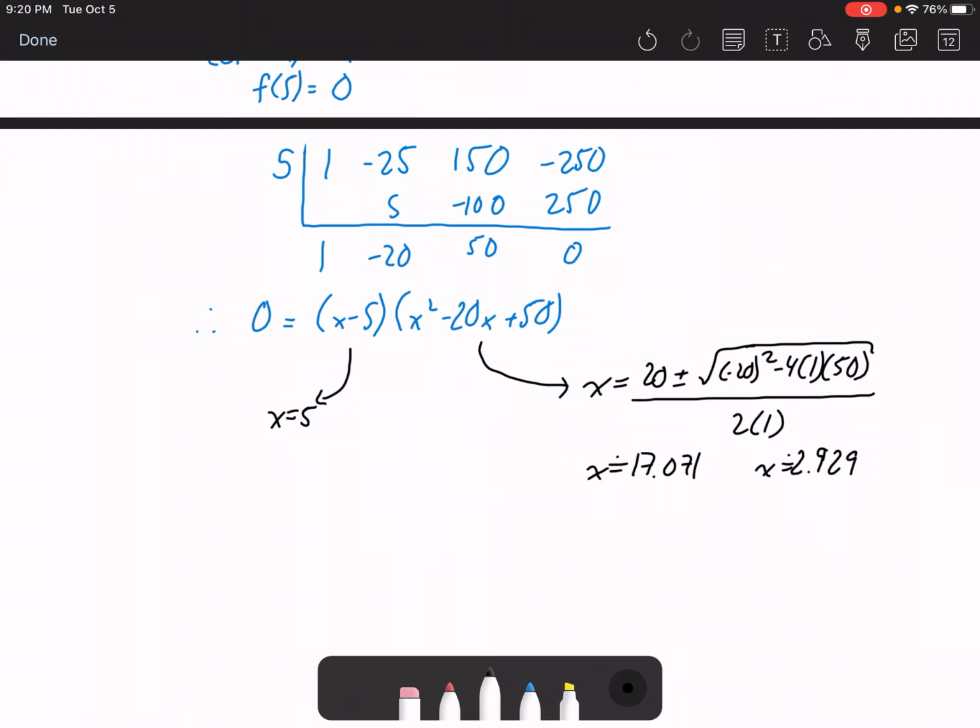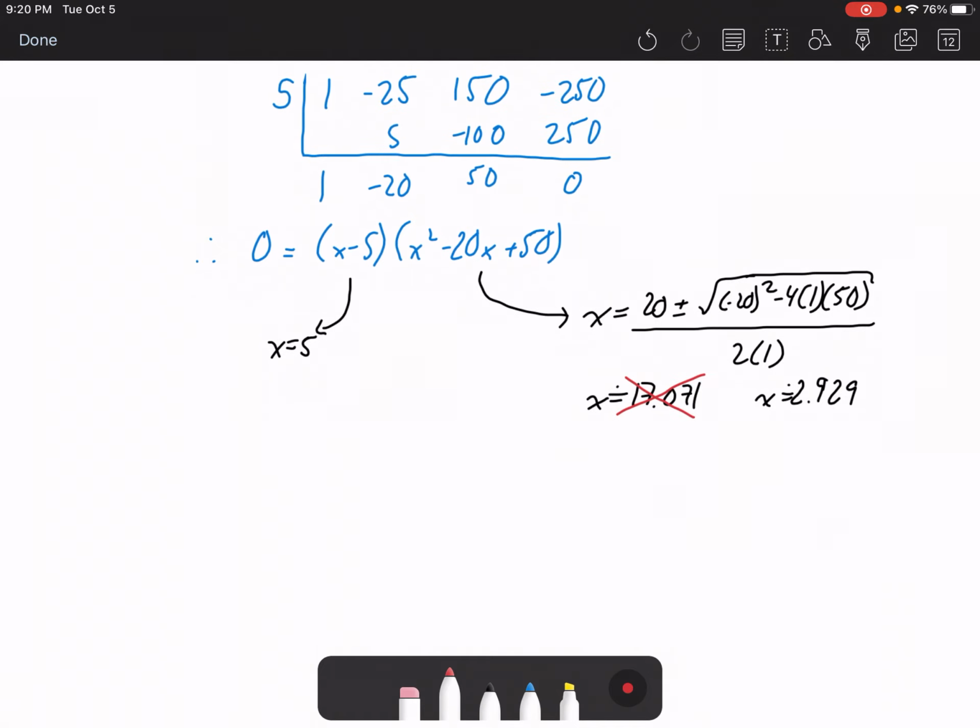Negative values wouldn't be allowed in this case, which we don't have here, but neither is the 17.071 allowed. The 17.071 would actually give a length that's a negative value. So the only possible answers that we could have here are 2.929 or 5.